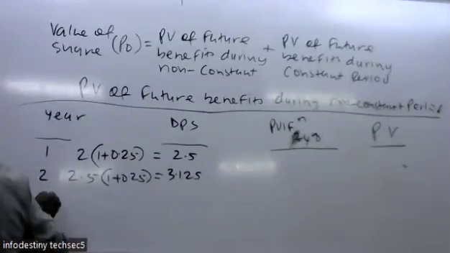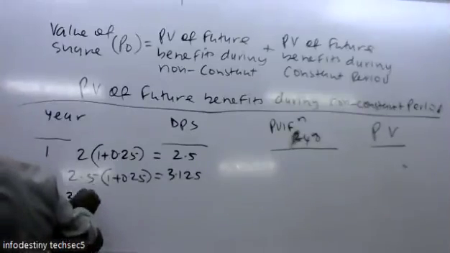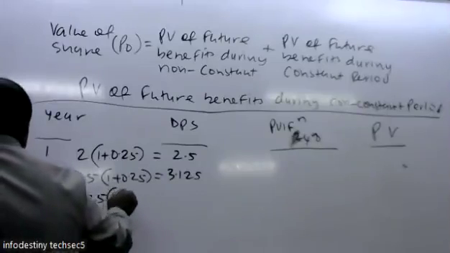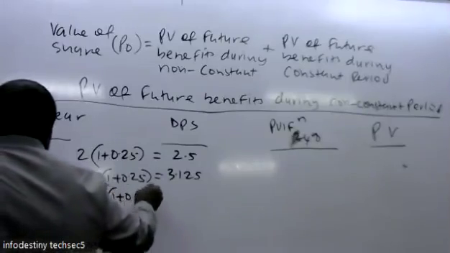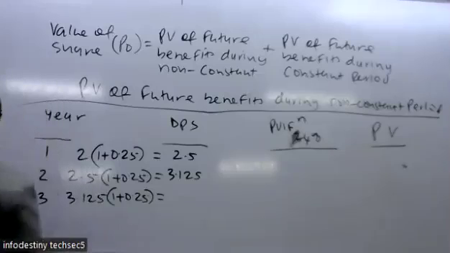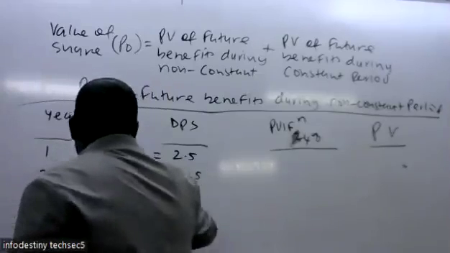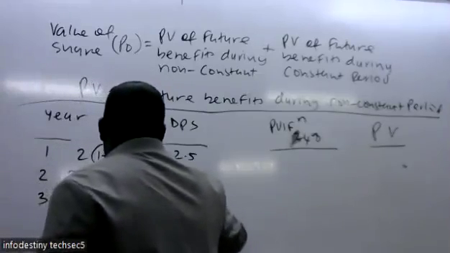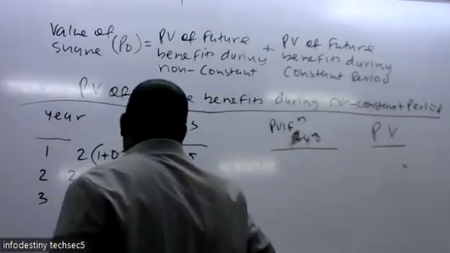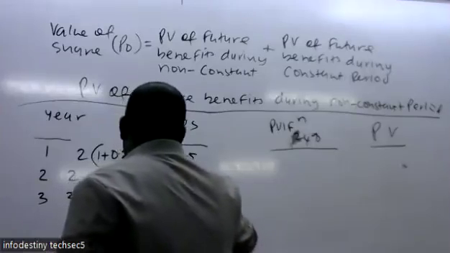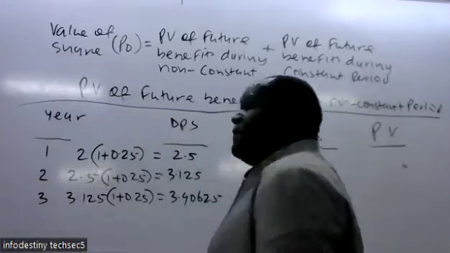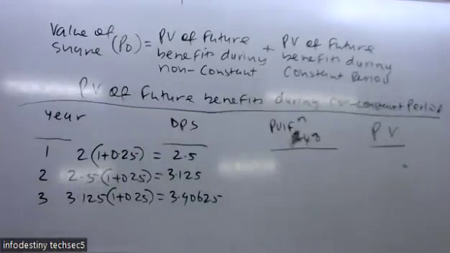Then year 3, you also take 3.125 and increase it by the same 25%, giving 3.90625. Now I want you to check in the table.